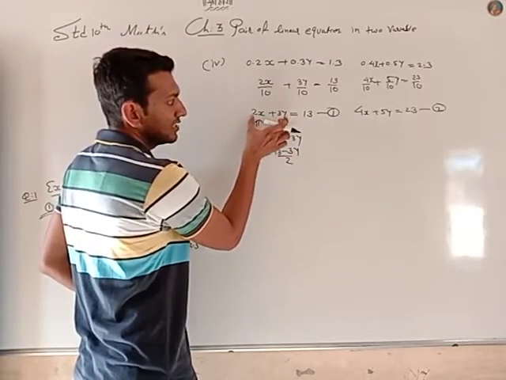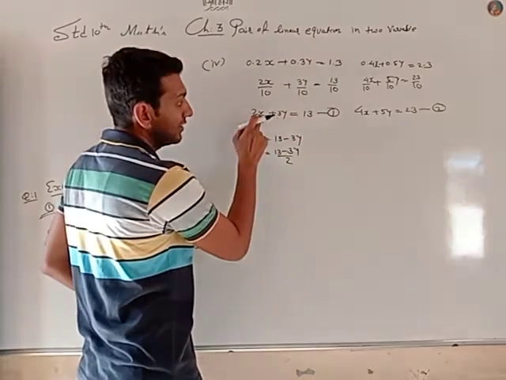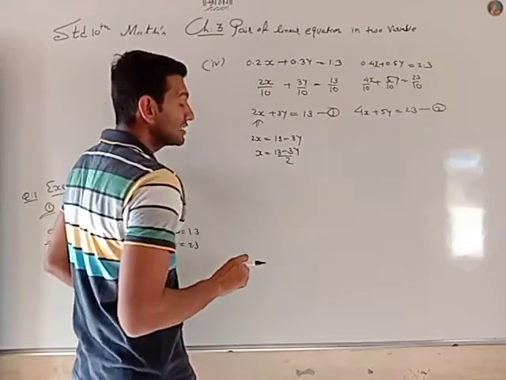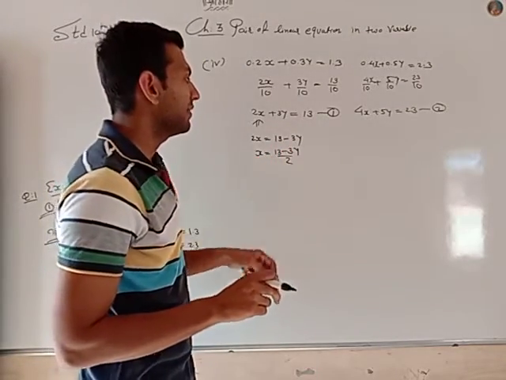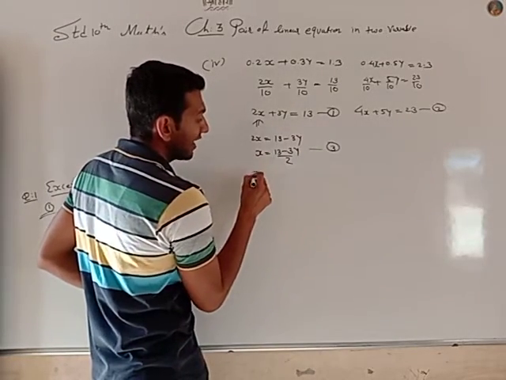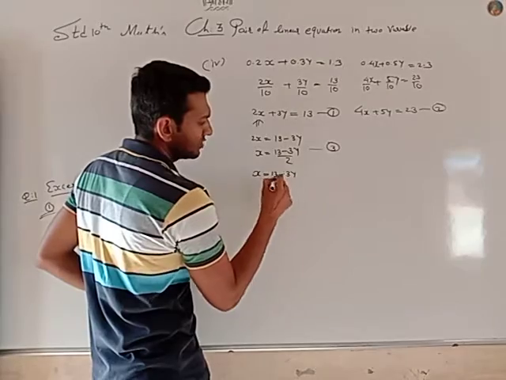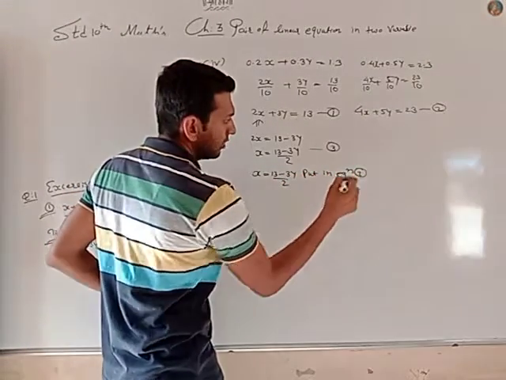This term and this term's relation is plus, so plus goes to that side and becomes negative, and the relation is multiplication, so it goes into the denominator. You get x is equal to (13 minus 3y) by 2. This is your equation number 3. Now the value of x is equal to (13 minus 3y) by 2, put it in equation number 2.